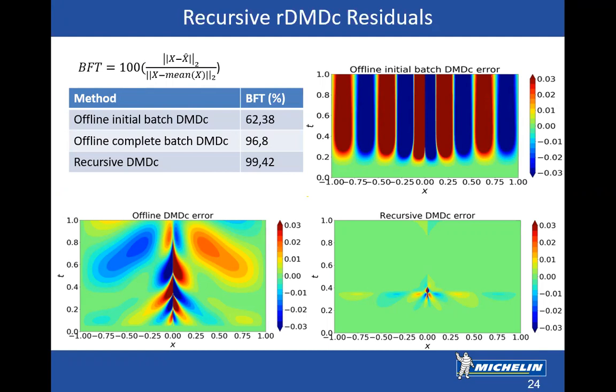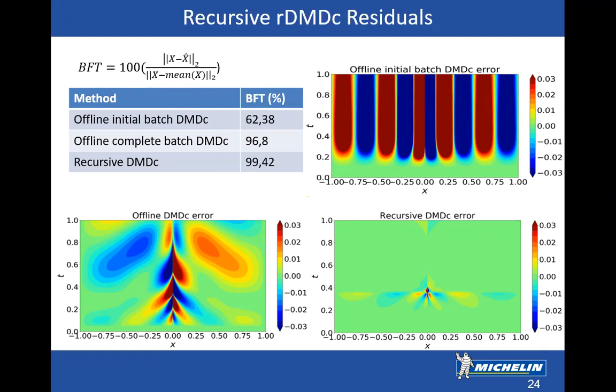The best fit is 62%. For the offline complete batch DMDC, it's 96.8%. Meanwhile, for the recursive DMDC, it's 99.4%. So it's almost perfect. Meanwhile, the offline complete batch suffers from some errors. So till now, both of them worked very well.